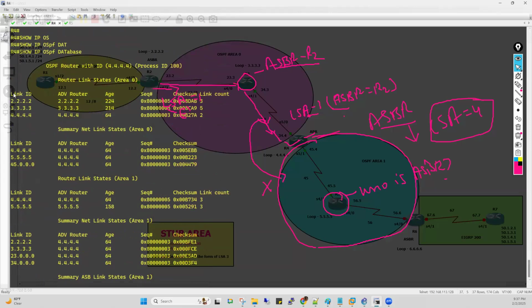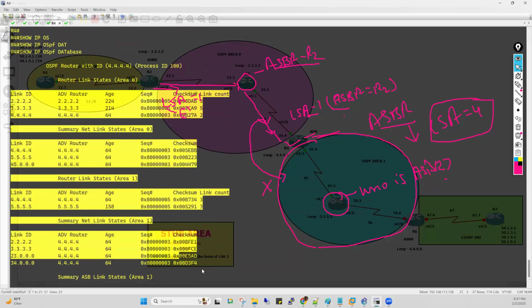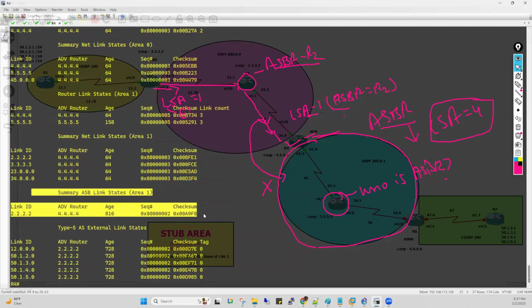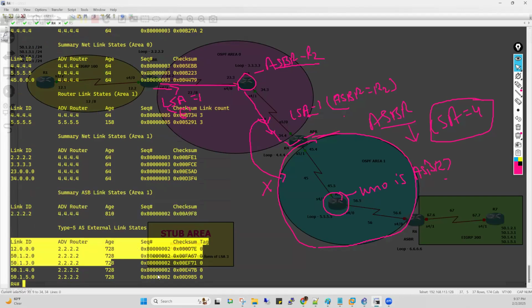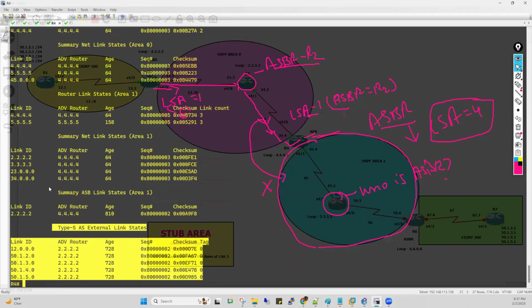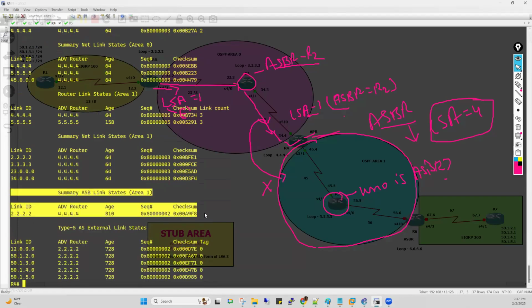Now see very carefully. Does anyone have any problem with these LSAs? I don't think so. Everyone see these LSAs. This is LSA1, LSA3, LSA1, LSA3. Clear? Now see this LSA very carefully. This is called LSA number 5, type 5 LSA. And this is called LSA number 4.